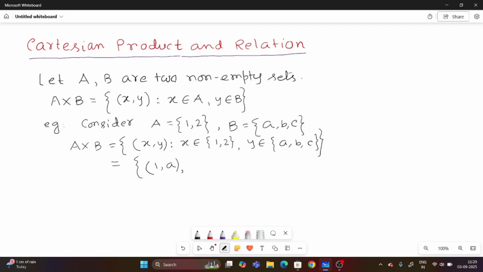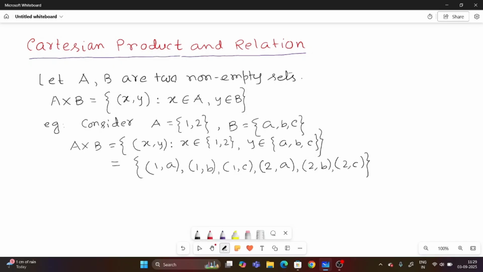So starting with 1, we can get three ordered pairs: (1, a), (1, b), (1, c). Similarly, if we start with 2, there are three options available: (2, a), (2, b), and (2, c). So this is the complete Cartesian product of the sets A and B.